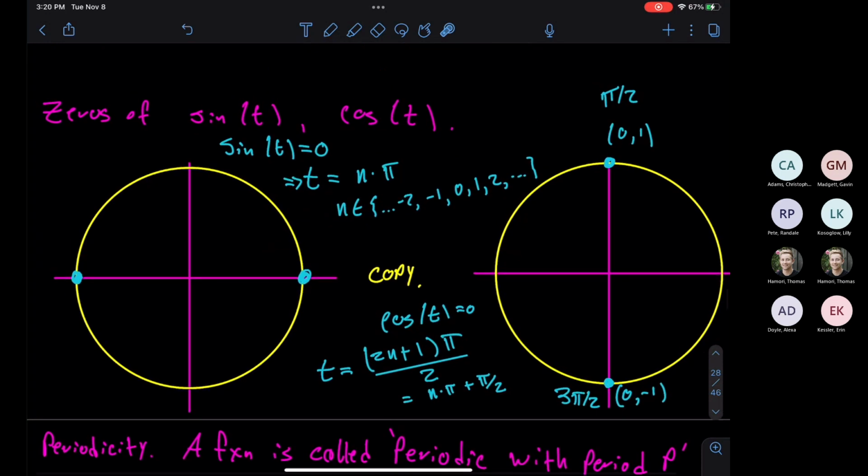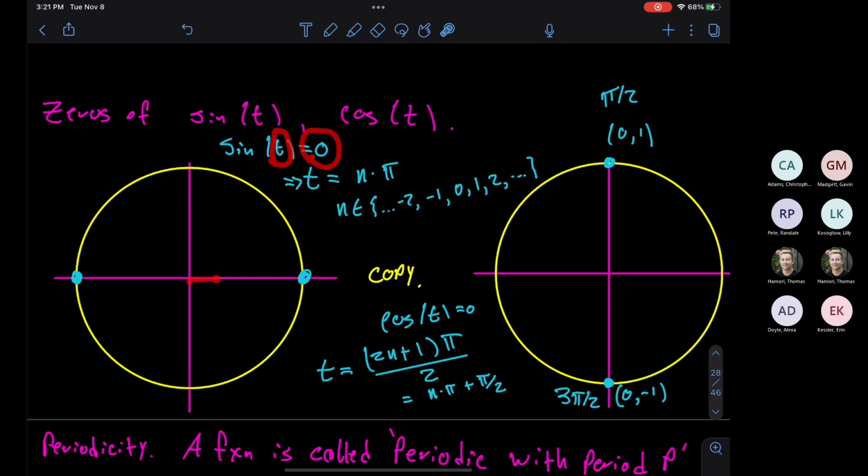Namely, how am I going to find the values of t which will cause sine to be 0? Well, what I need to remember is when I take an angle t and plug it into the sine function, it tells me the height of the point on the unit circle that that angle points towards. If the height of that point is 0, then the angle t must point in one of two directions.